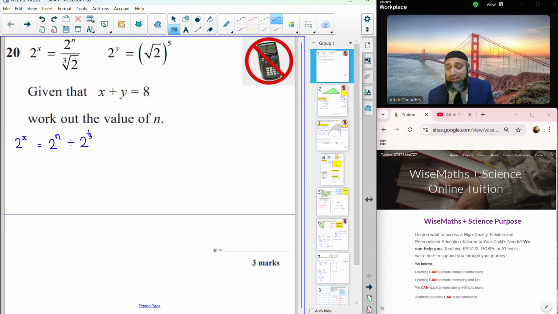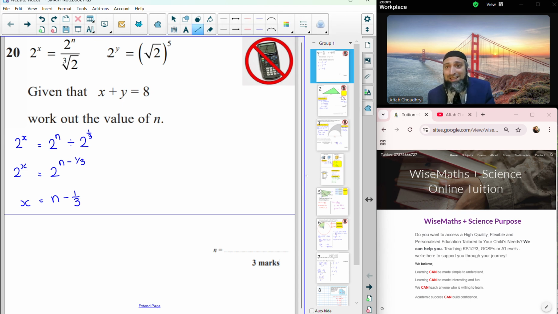If the bases are the same and it's a division, we can subtract the powers. So 2 to the power of x is equal to 2 to the power of n minus a third. Seeing that the bases are the same, x is equal to n minus a third.